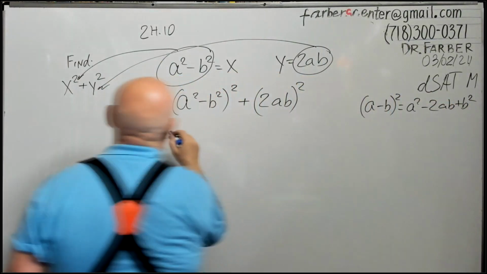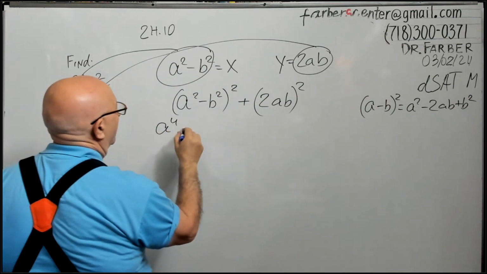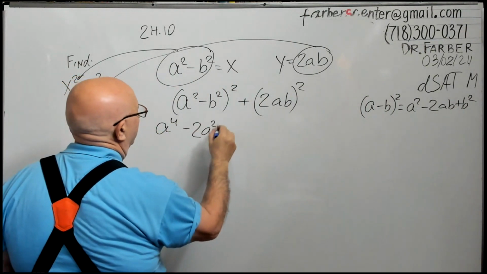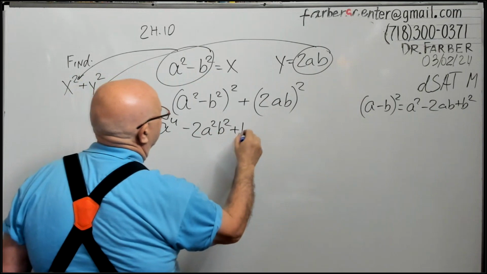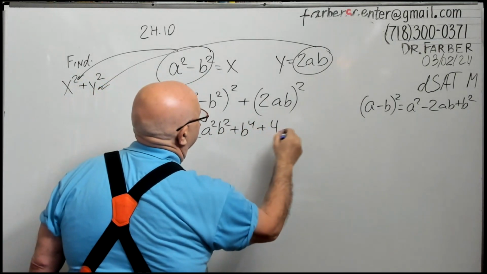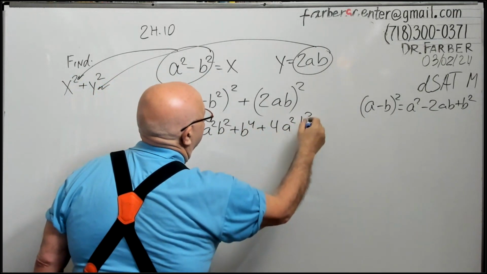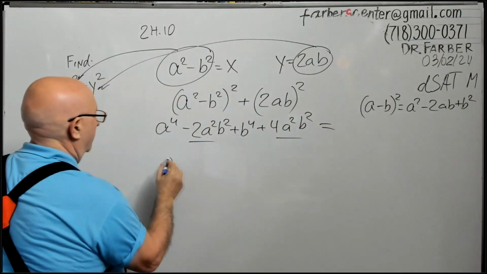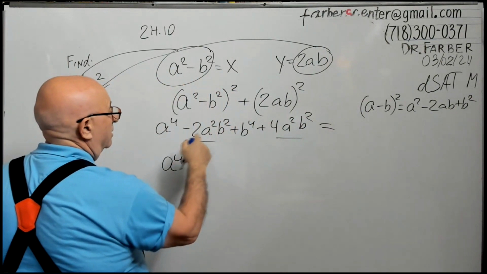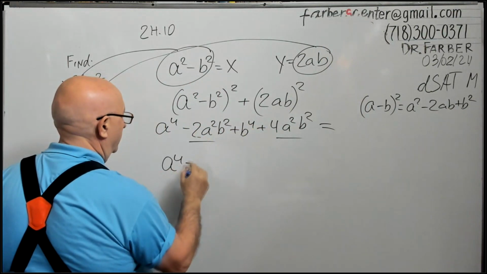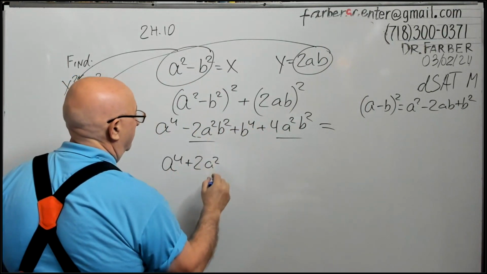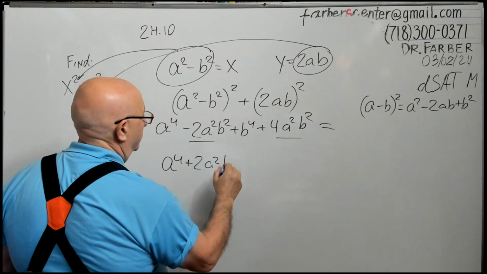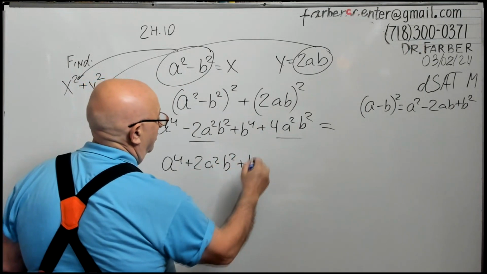It would be a to the fourth minus 2a squared b squared plus b to the fourth plus 4a squared b squared. Combine like terms. I have a to the fourth, 4 minus 2 is 2a squared b squared, plus b to the fourth.